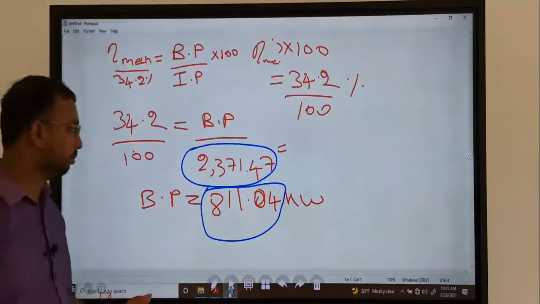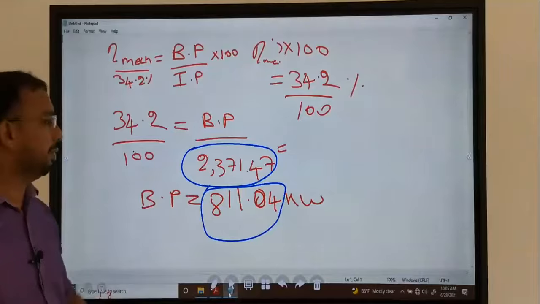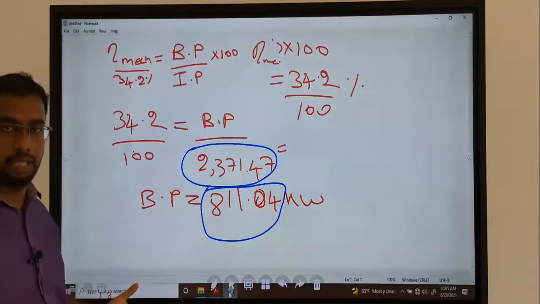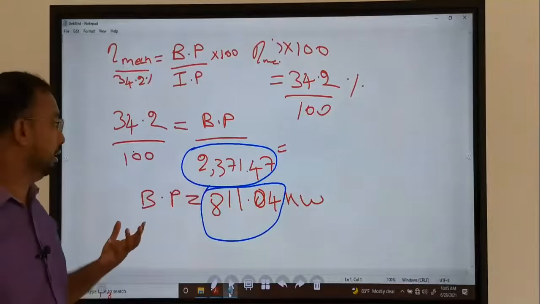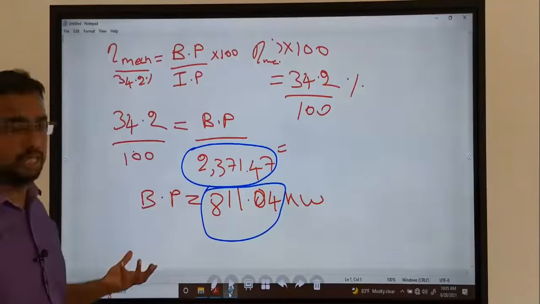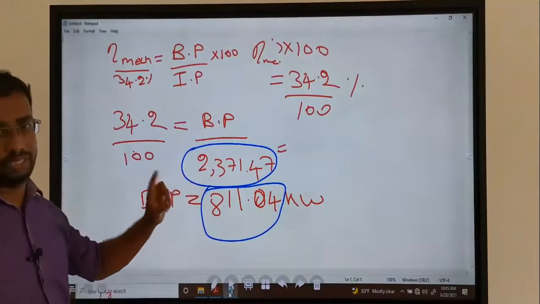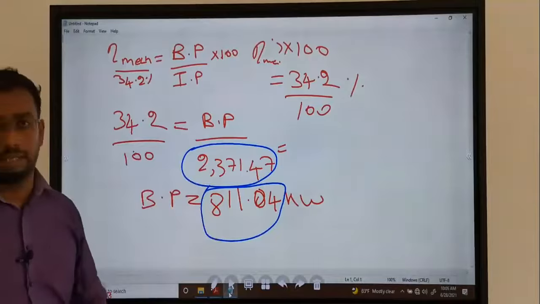I always say the indicated power is higher than the brake power. In the beginning, the combustion gas gives power to the engine, that is the indicated power. The engine uses some of that power for its own operation, then the remaining power is the brake power.